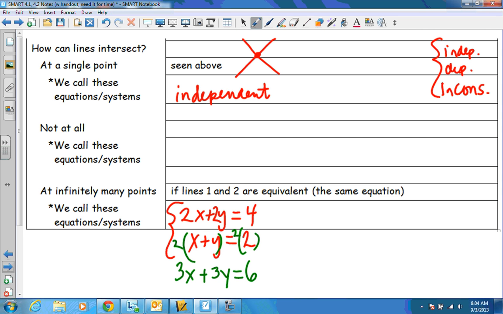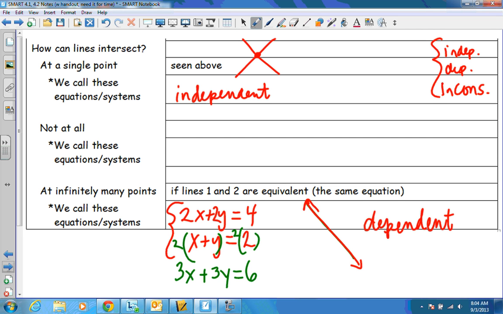Same line. Okay. So when we have the exact same line, instead of being independent, it's where we have infinitely many. So when you go to graph, it's going to be the exact same line. So they're going to touch everywhere. What's this one going to be called? Dependent. Okay?